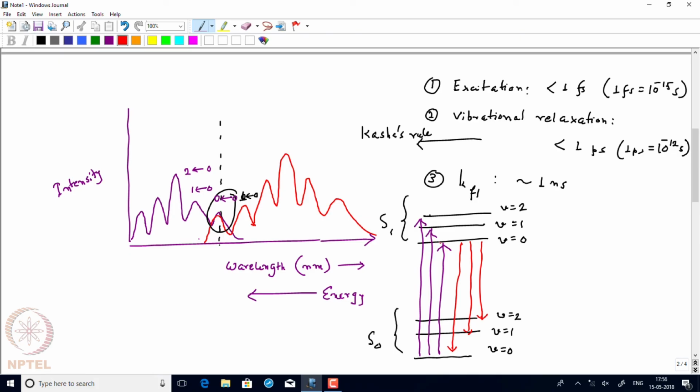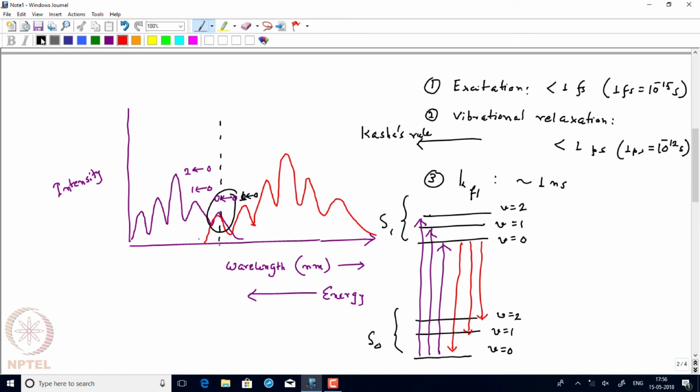So, as you can see, these 0 transitions are basically the common transition in the absorption as well as in the fluorescence. And then I have a kind of mirror image relationship. I have higher lying absorbing states, and then there is a lower lying thing. And then as you can see, there is a shift in absorption and emission.